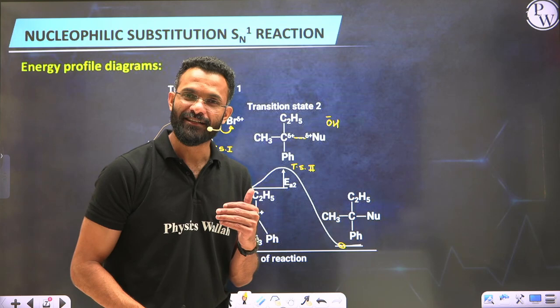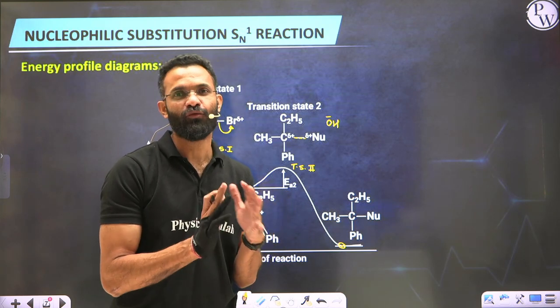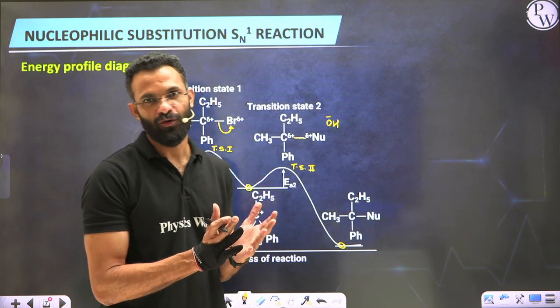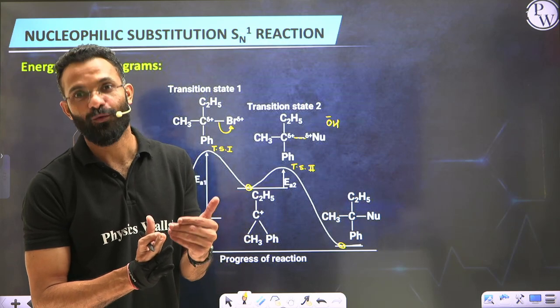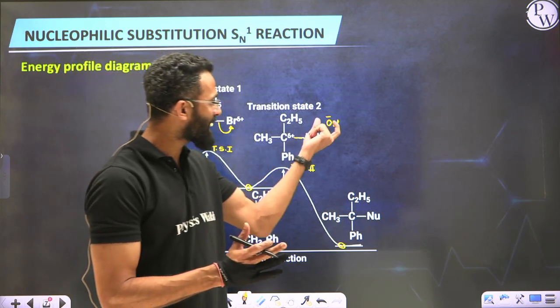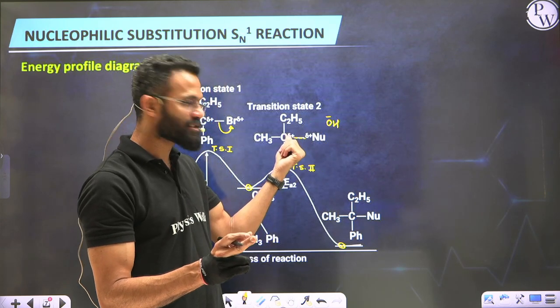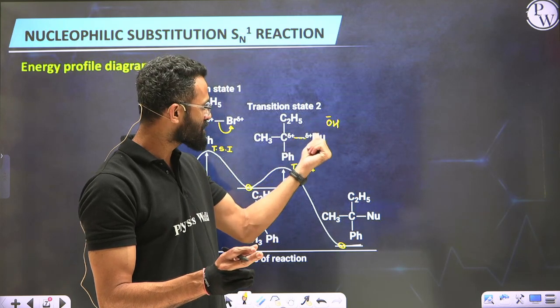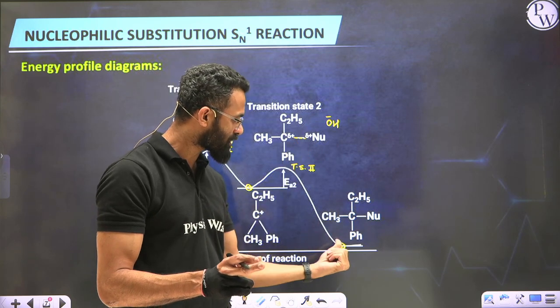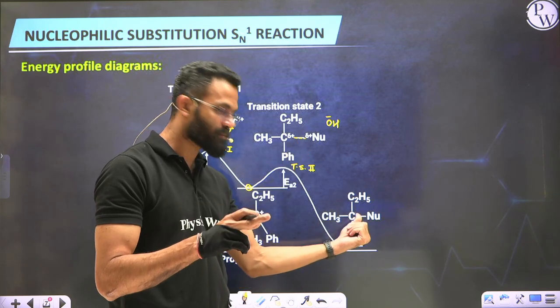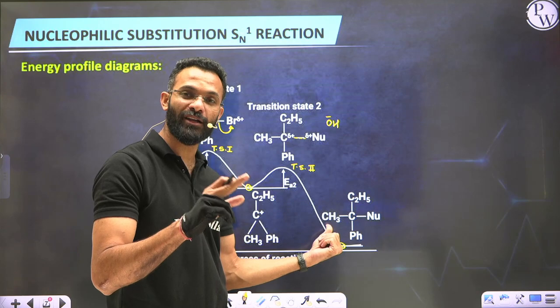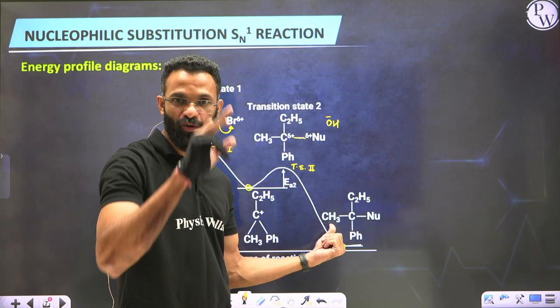When we consider our reaction mechanism, we have taken water. Because we have taken water, we got a third transition state as well. Why? Because it was not an anionic species, it was neutral. So when water attacked, you got transition state 2. When the oxygen and carbon bond became permanent, you got a permanent C-O bond, but then it had to undergo deprotonation from OH2.